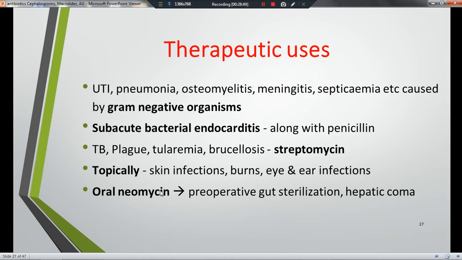Hepatic coma, or hepatic encephalopathy, is because of increased ammonia production. Neomycin kills the colonic bacteria that would otherwise produce ammonia and worsen the hepatic encephalopathy. So by killing the colonic bacteria, it reduces the production of ammonia and is thereby useful in hepatic coma.